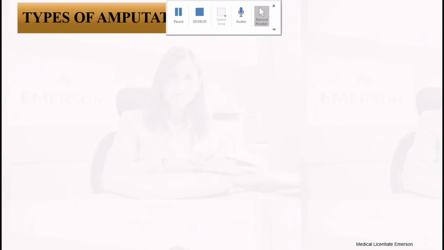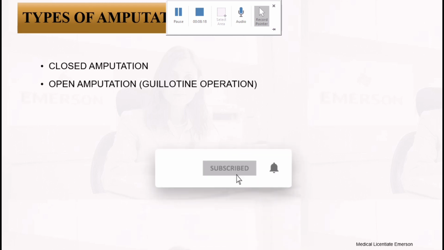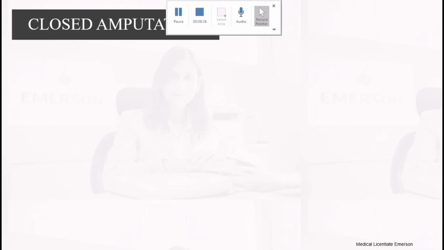Okay. Then types of amputations. So these are the types of amputations that we have. For the types of amputations, we can have closed amputation and open amputation, also known as guillotine amputation. Okay, so let's start with closed amputation.